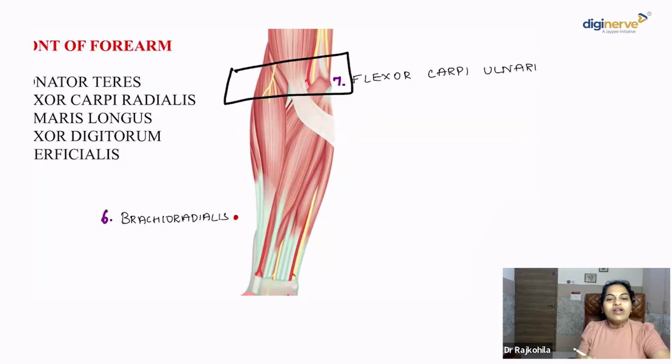What is the arrangement of structures in the cubital fossa? MBBR. This is the median nerve you see medially, then the brachial artery, the biceps tendon, and between the biceps and brachialis, the radial nerve. So this is medial, this is lateral.